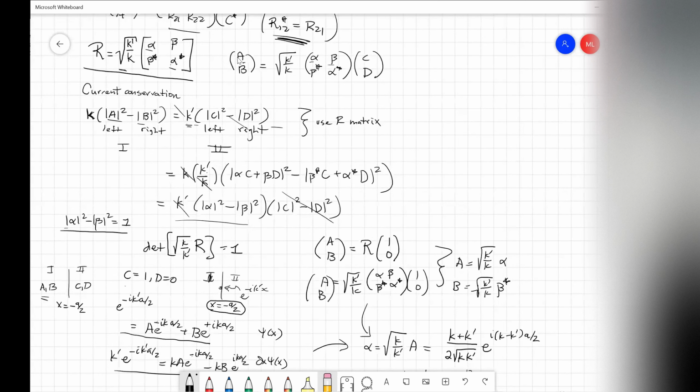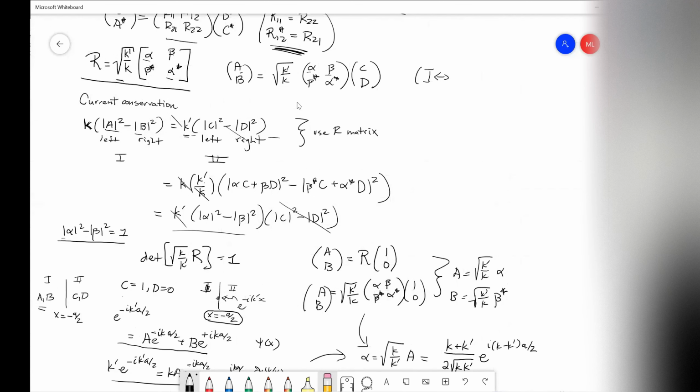Okay, so the connection here, just to remind you, this is matching between regions 1 and 2. The connection here has a K prime over K, where K prime was in region 2 and K is in region 1.